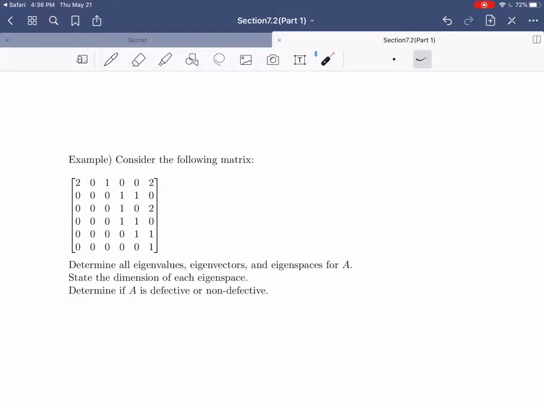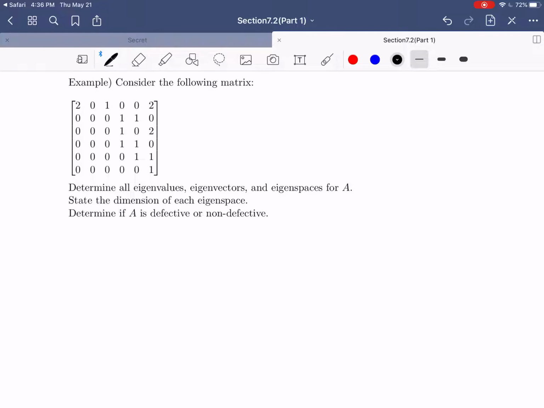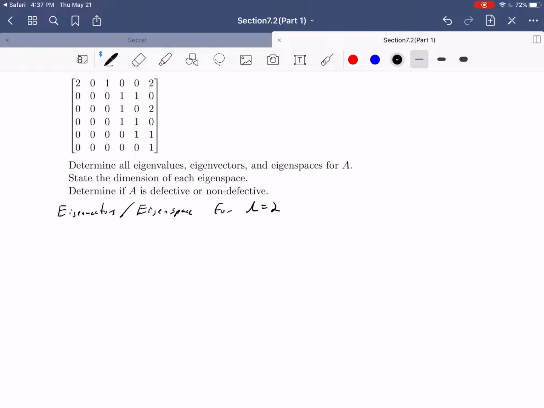So let's start with lambda equals 2. Eigenvectors/eigenspace for lambda equals 2. We want to subtract 2 off those diagonal elements and then augment with the 0 vector.